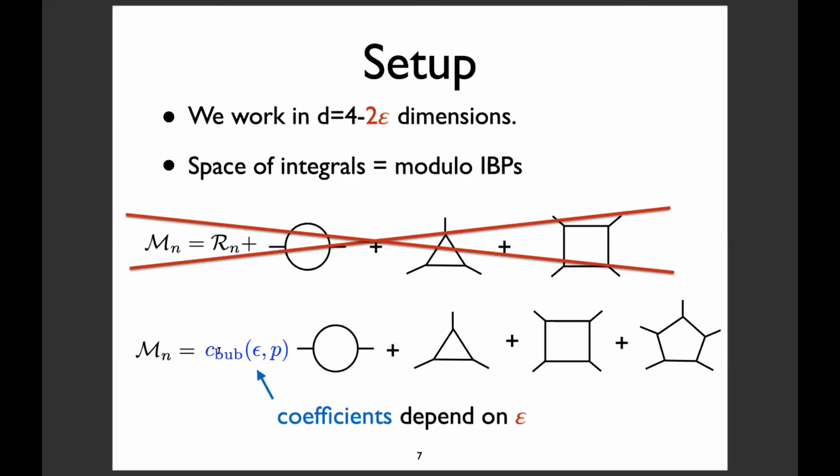Instead, they appear as the order epsilon coefficients in the other things. So today the target is a formula like this bottom one, where everything makes sense in epsilon dimensions, but all the coefficients are some rational function of epsilon. And the goal is to try to understand these coefficients.